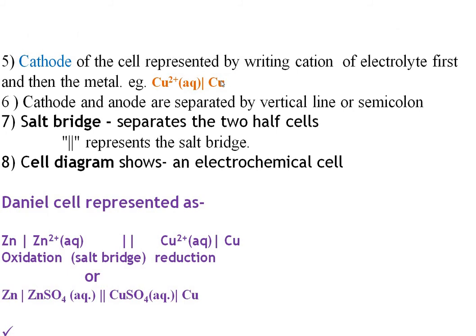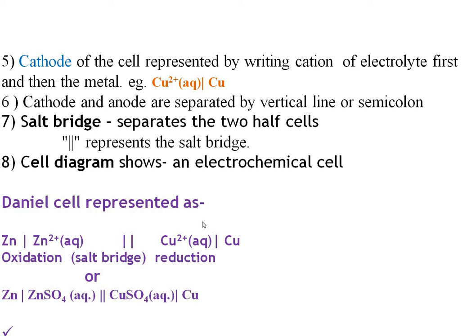The cathode will be represented on the right hand side, in which the metal ion will be written first and then the metal. Cathode and anode are both separated by vertical lines, and the salt bridge, having two vertical lines, separates the two half cells. The whole representation of the anode cell and cathode cell is called a cell diagram.